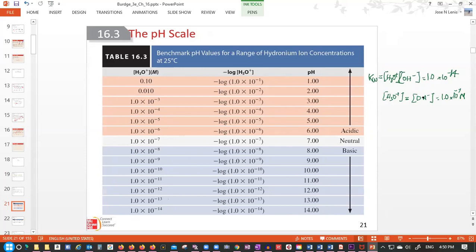We call this neutral. The pH is 7. And solutions containing concentrations or pH above 7, we call this basic.